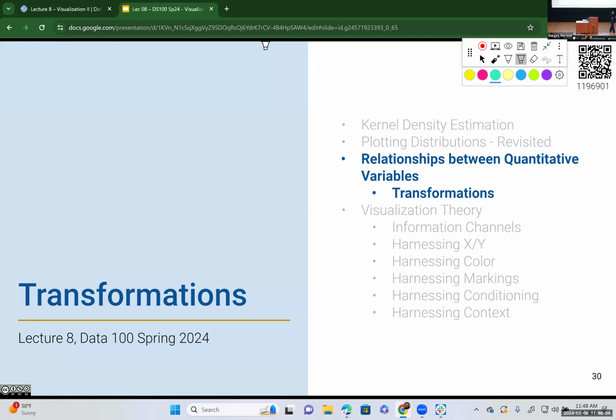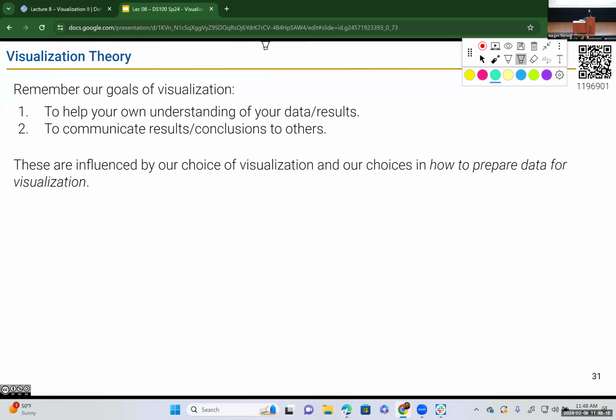Remember, we were talking about overplotting and the fact that overplotting is going to make visualization complicated, and we're not going to be able to understand what's happening in the underlying trend of the data. One way of avoiding overplotting is by transformation.